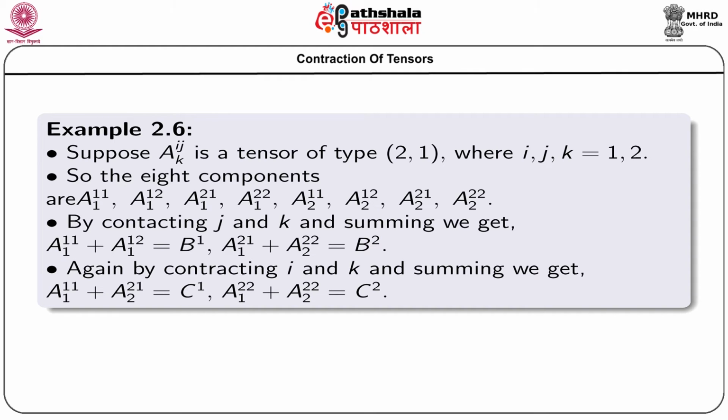Summing, we get A111 plus A212 equals C1 and A221 plus A222, that we denote by C2. So from A ijk we can have different components. When we contract j and k, we get the components B1 and B2, and when we contract I and k, we get the components C1 and C2.